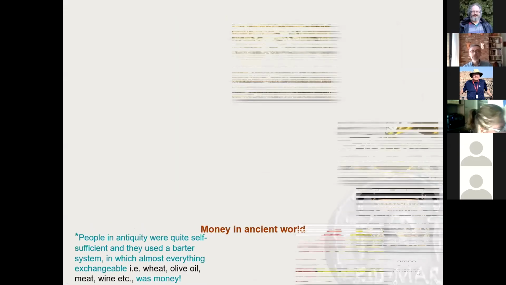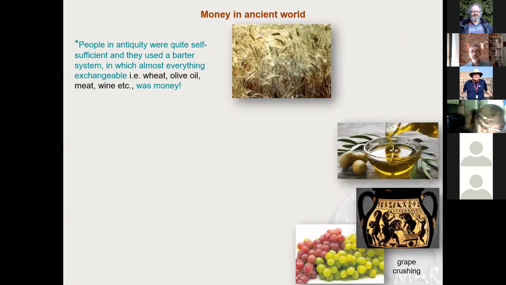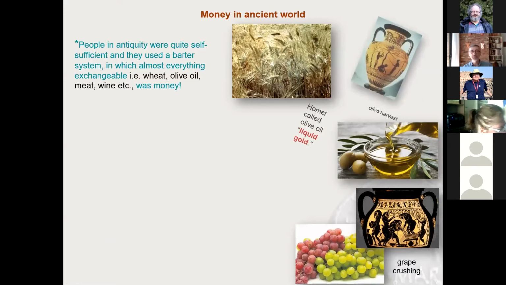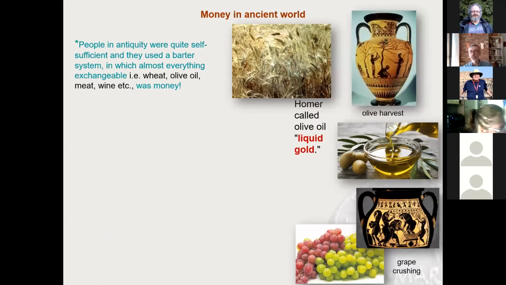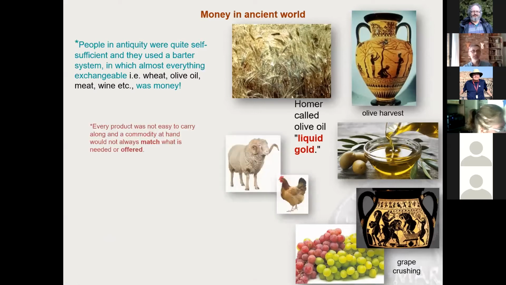So what is money? In the ancient world, money was anything that you can exchange with other people. Homer called olive oil liquid gold. It was such a valuable commodity at that time.